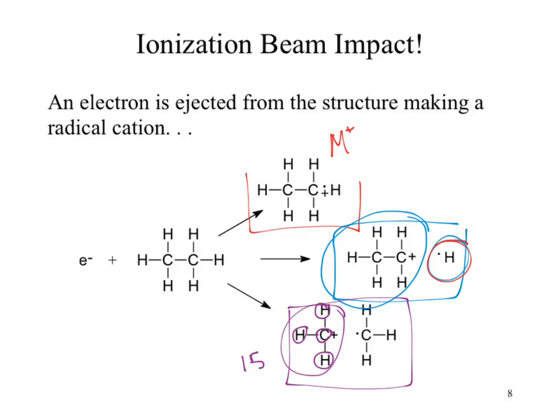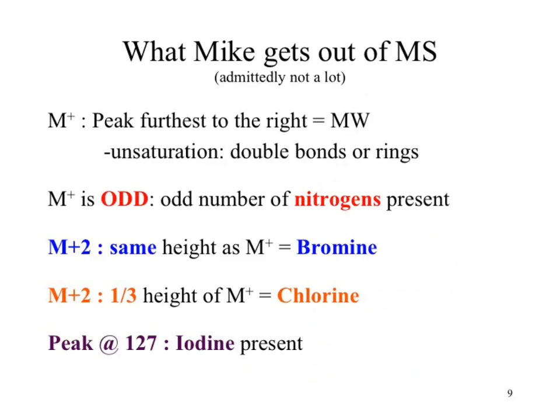Once we eject an electron, the molecule can decide how it wants to break. Does it want to break such that the hydrogen comes off as a cation, or does it want to break such that our carbon comes off as a cation? Which one gets the electron? In this case, hydrogen gets the electron. So we need to come up with some way to predict that. That prediction ability is going to show up here in just a couple slides.